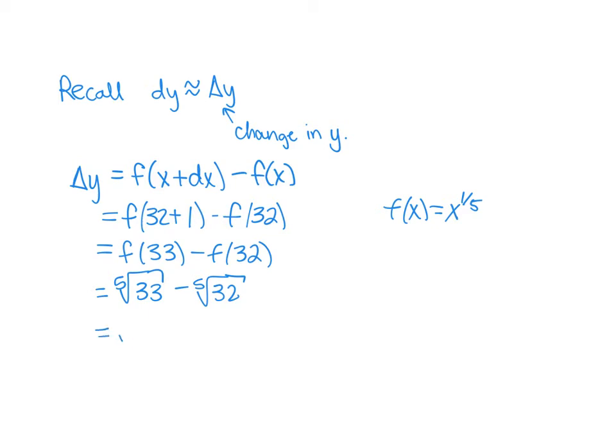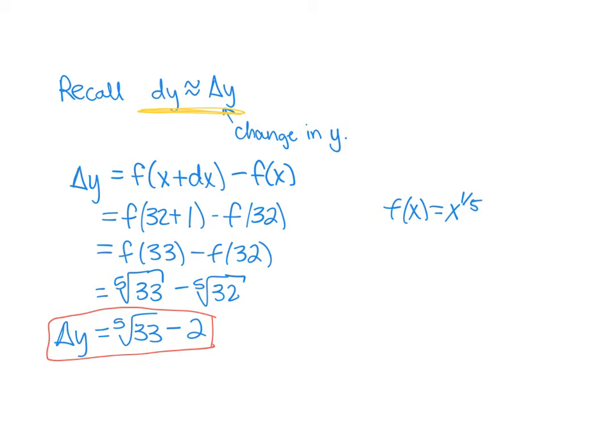That is 2. So this really equals the 5th root of 33 minus 2. Okay, now that, remember, equals delta y. And we just said delta y is approximately dy, our differential.